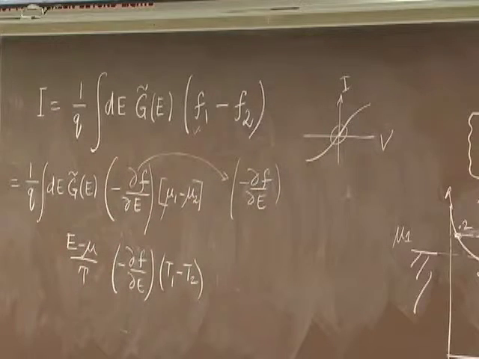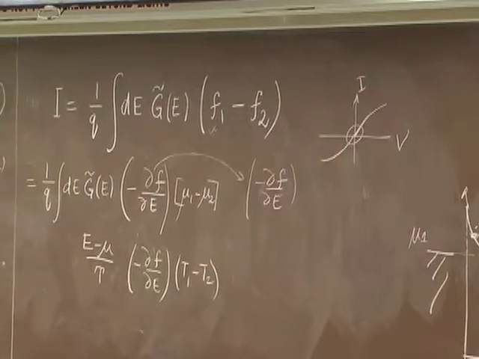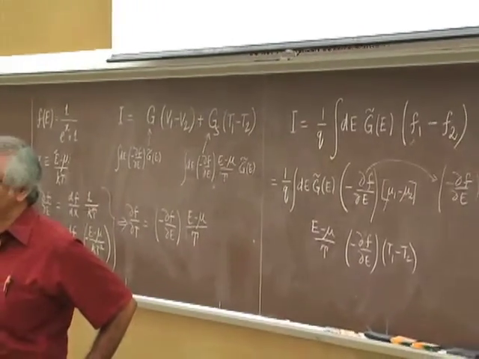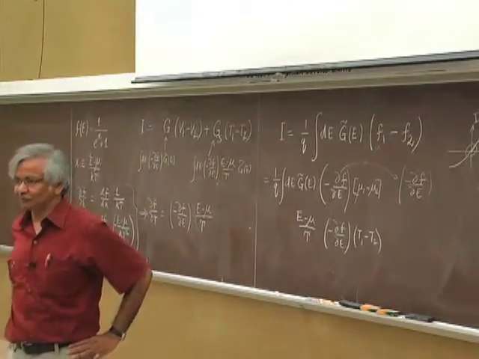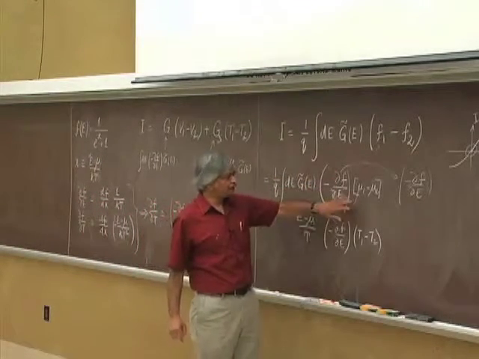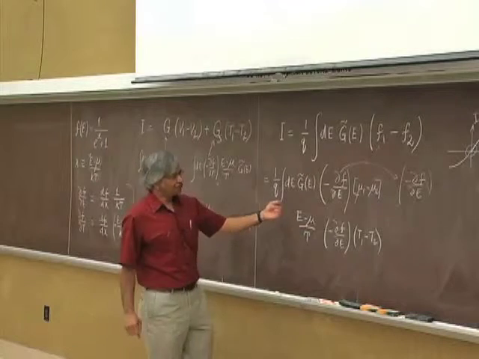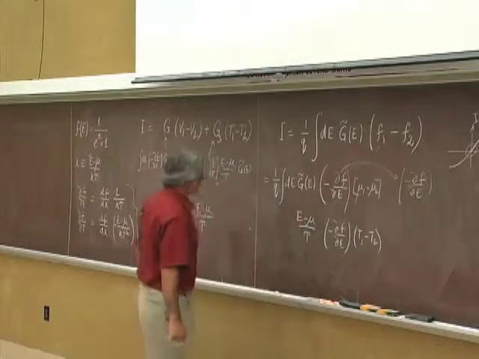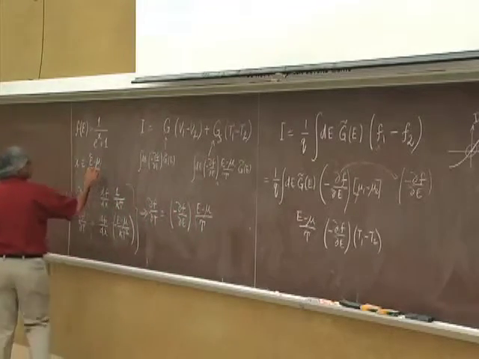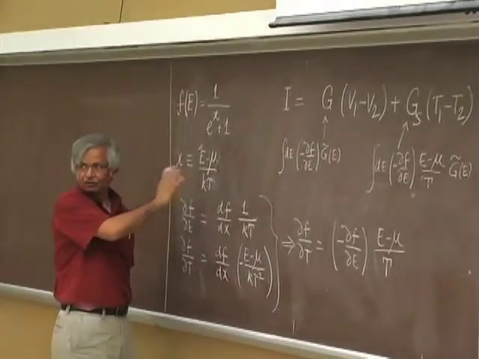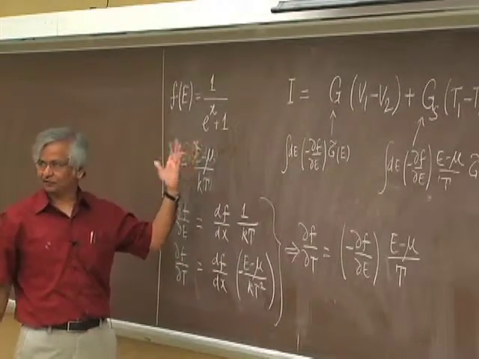Now, you might say that we use the Taylor series expansion, and that only applies if the voltage you apply is much less than 25 millivolts, right? Why? Because in doing this expansion, I assumed that mu1 minus mu2 was a very small fraction of kT. That's what allows you to do the Taylor series expansion, because this is in the denominator, so the change in x should be small.